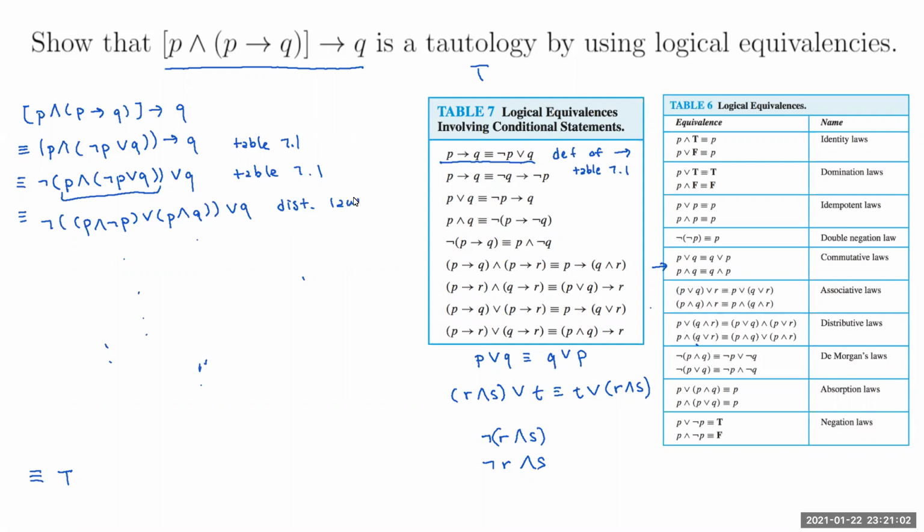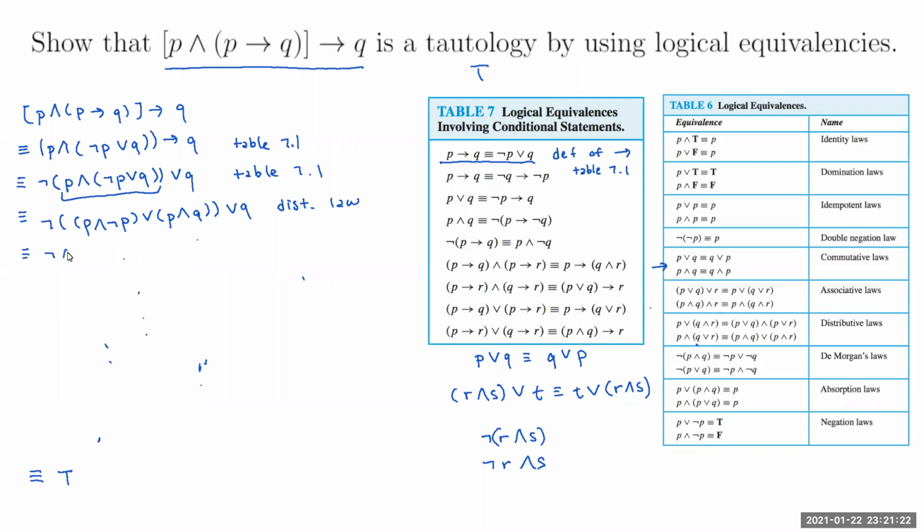Next, we see that we have this piece here, P and not P. This is really nice because it can be simplified down. By the negation law down here, P and not P is equivalent to false. So we can just say by negation law, we get a false here.